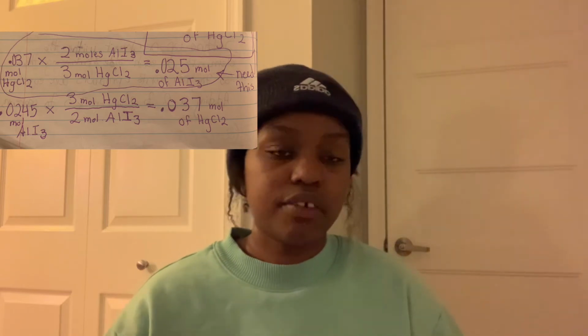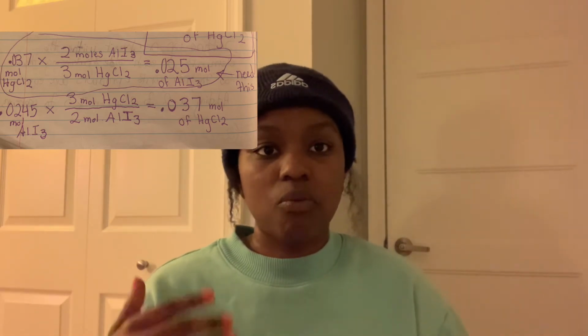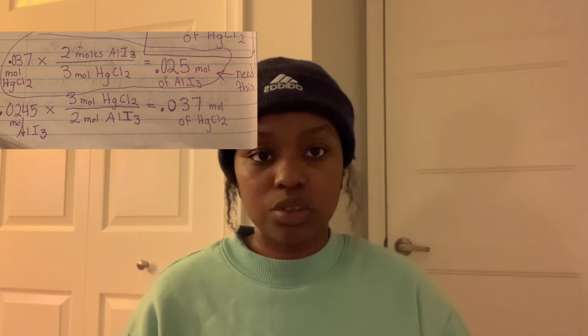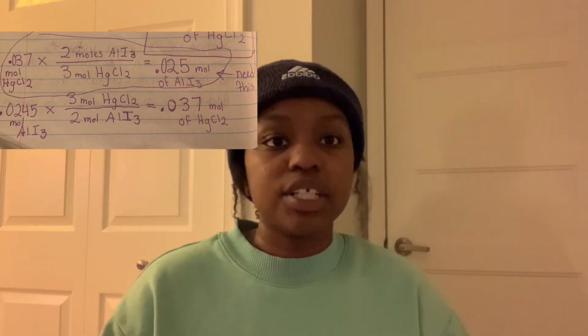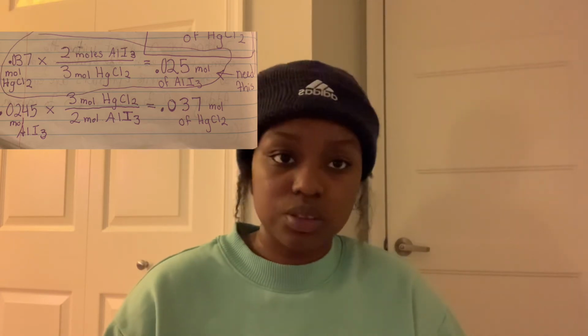I also did that for the bottom portion, where I multiplied the moles by 3/2 instead of 2/3, and got 0.037 moles. Since for aluminum iodide at the top, I needed 0.025, I was able to determine that the limiting reactant would be aluminum iodide, considering there was a limiting amount provided compared to the amount that I actually needed.